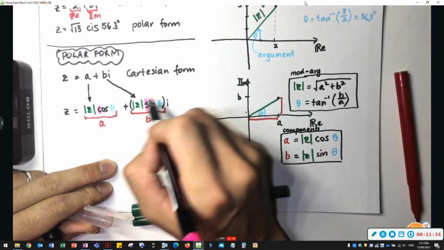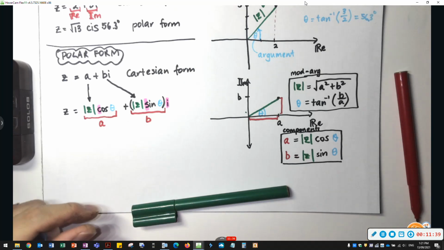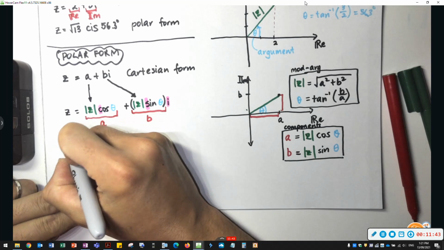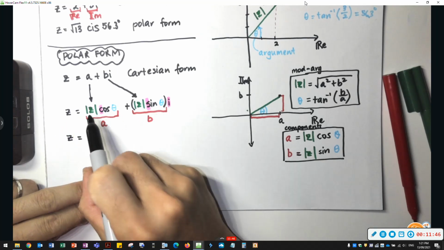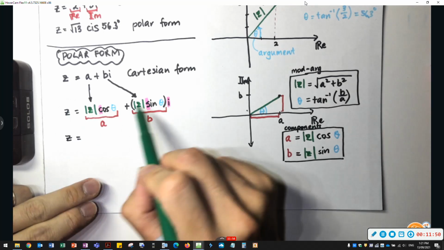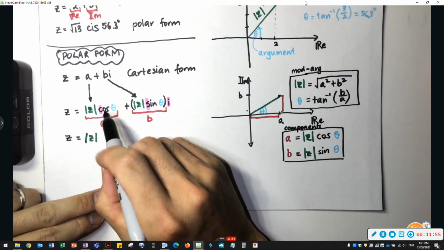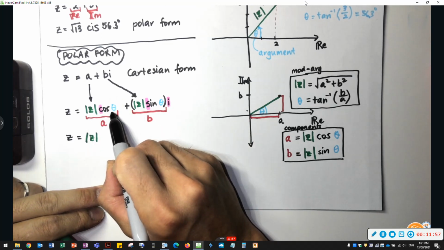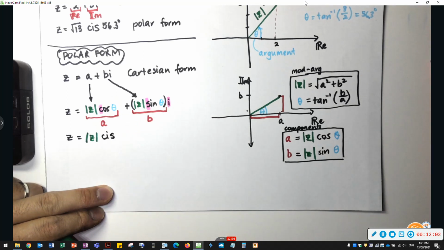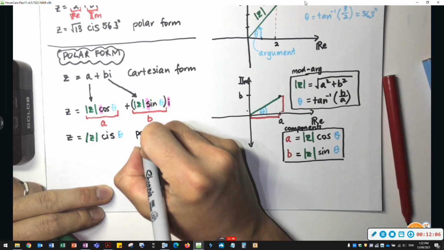So it'll be a CIS, okay, instead of CSI, which would have been a coincidence with the TV show. So this is where that notation comes from. So the modulus is common in both. So if I factorize it out, I've got the modulus of Z, and then it's cos argument plus i times sine argument. So that's shorthanded as CIS. Okay, so this is called the polar form.